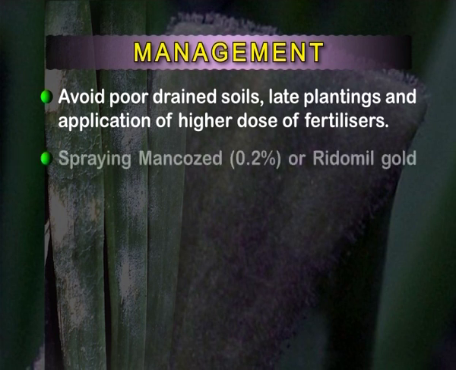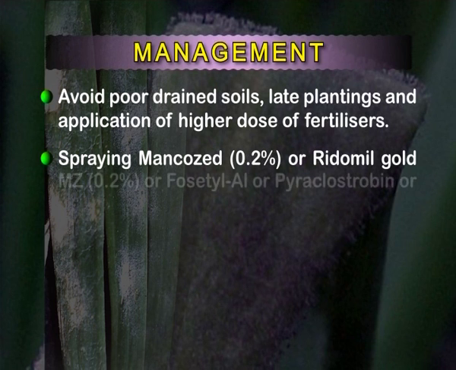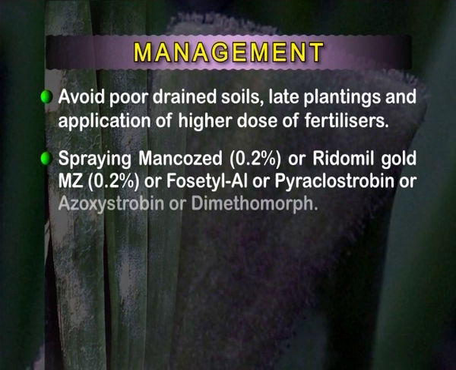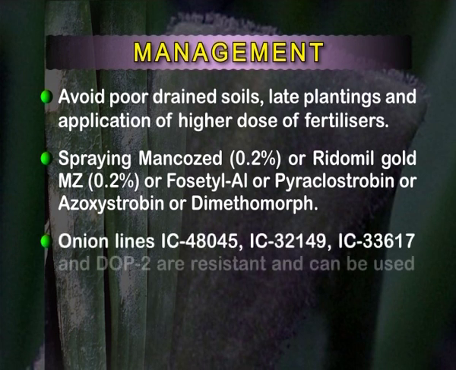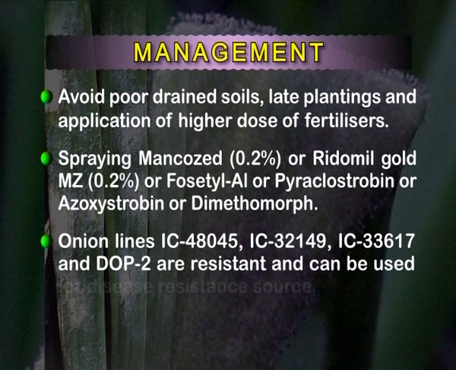Spraying Mancozeb 0.2% or Ridomil Gold MZ 0.2% or phosphonate aluminum or pyraclostrobin or azoxystrobin or dimethomorph is recommended. Onion lines like IC 48045, IC 32149, IC 33617 and DOP2 are resistant and can be used as a disease resistance source.